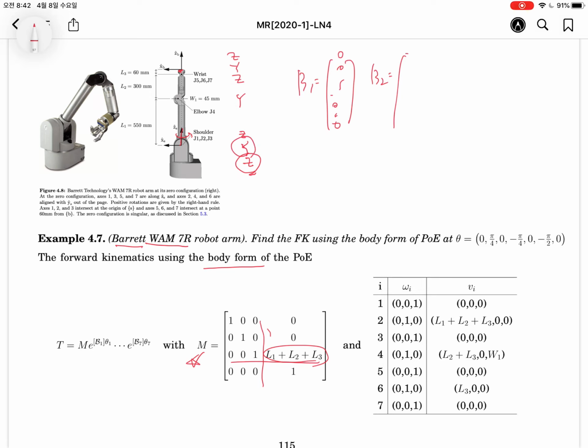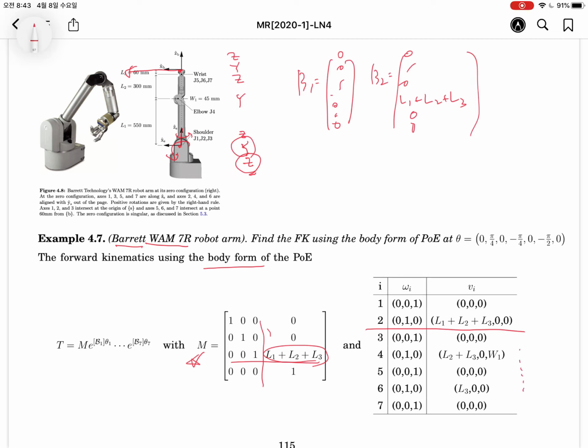B2 is aligned to the y-axis, so 0, 1, 0. This movement will make a plus x-directional linear motion in the body frame. So the magnitude will be L1 plus L2 plus L3, so L1 plus L2 plus L3, 0, 0.